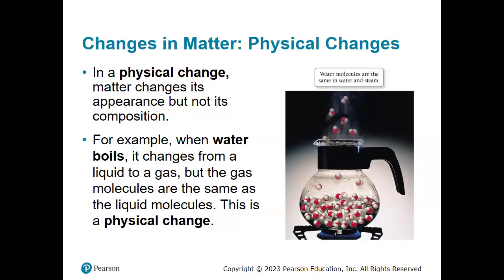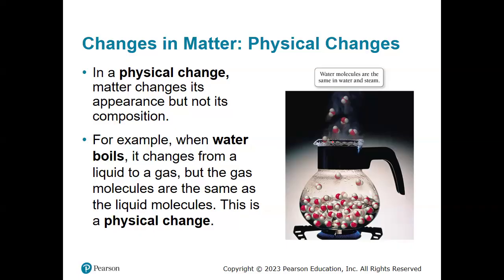So if I were boiling water on this coffee pot here, what I would notice is that over time, the water would start to bubble up as we heated it, and we would start to see the water vapor, this steam, coming off of the pot.